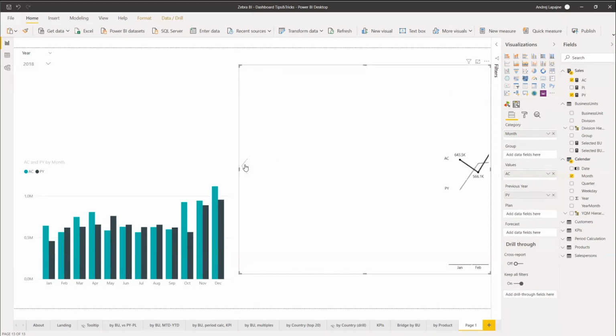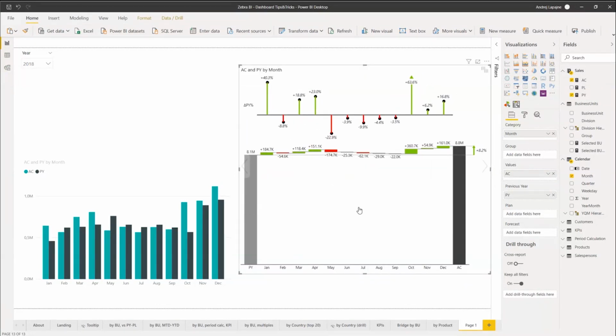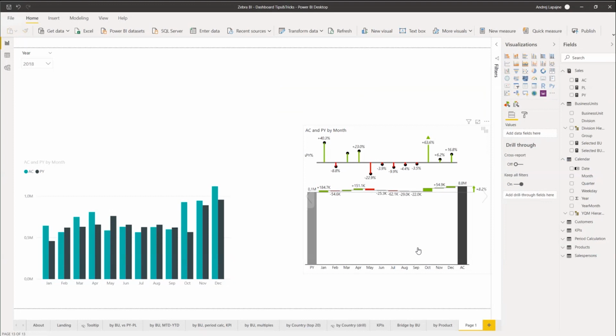But if you really want to display each and every value, and you expect the user that they will actually compare this month to this month, then it's better to use column charts, right? And if you want to focus on the goal achievement, on the performance achievement, especially with more financial audience, I would suggest to use the waterfall charts. All right, so this is where you have the time.